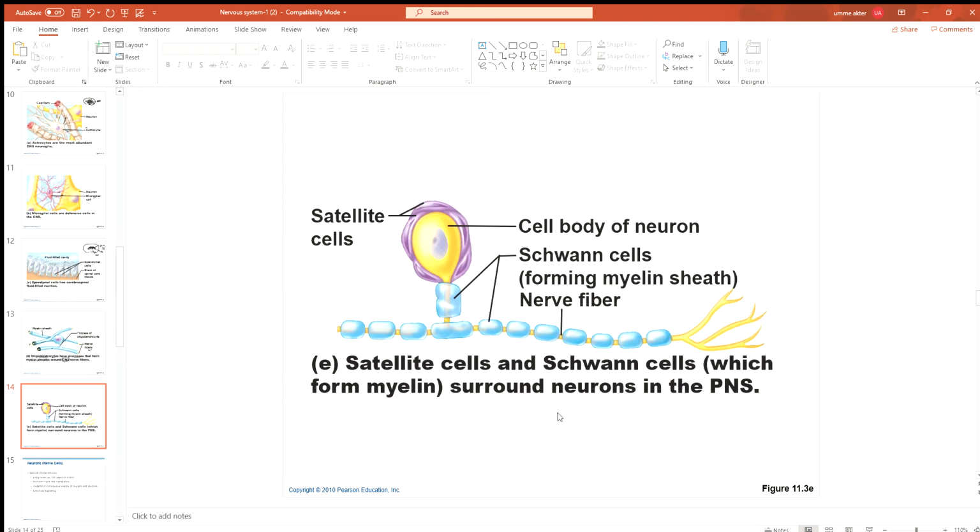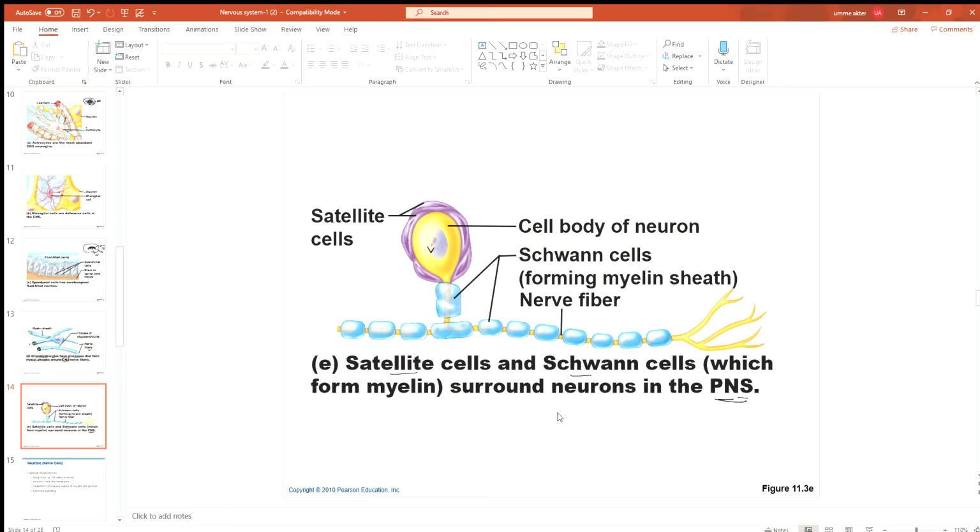The other two types of neuroglial cells form insulation: satellite cells and Schwann cells. And this is a neuron of the peripheral nervous system, or PNS, not CNS. Okay, the last one was CNS, oligodendrocyte. Satellite cells and Schwann cells form insulation around the neurons or nerves of the peripheral nervous system.